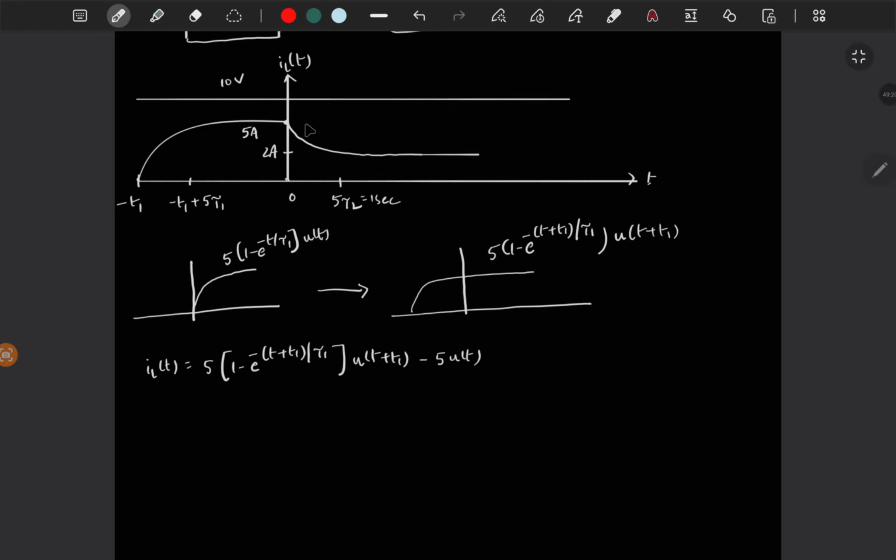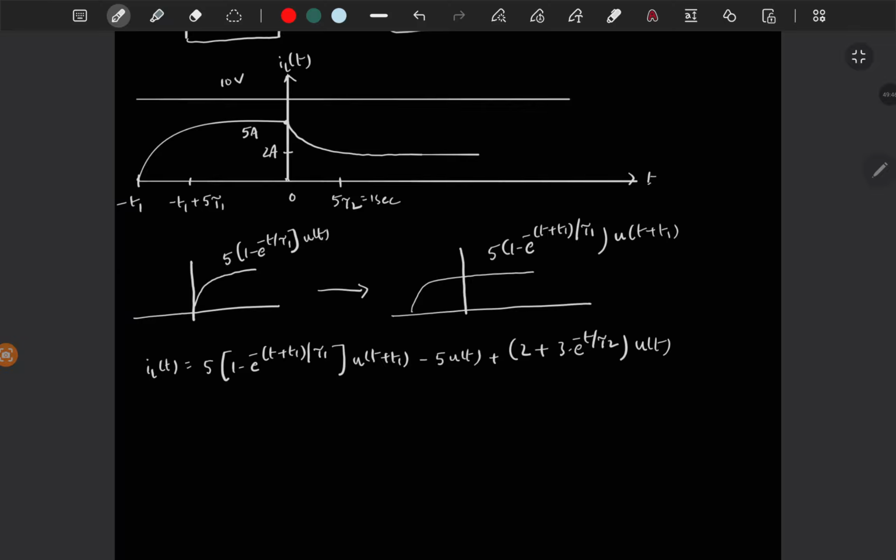This is this equation. And what about the equation which is there for t greater than 0? You write this equation and multiply with u of t. So final value plus initial minus final times e power minus t by tau 2 u of t.